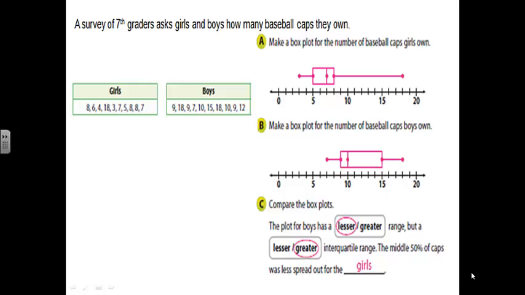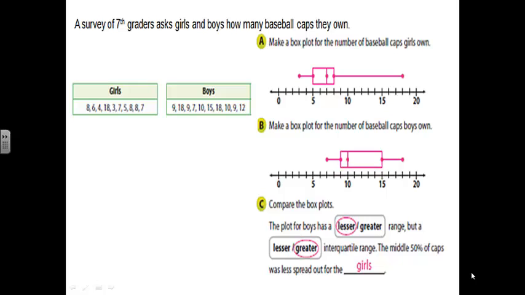Some of them had 8, 6, 4, 18, 3, 7, and more. And the boys, it looks to me like the boys had a little bit more, just looking at the numbers. So in A, we are going to make a box plot for the number of baseball caps the girls own. Well, they put their numbers all in order.